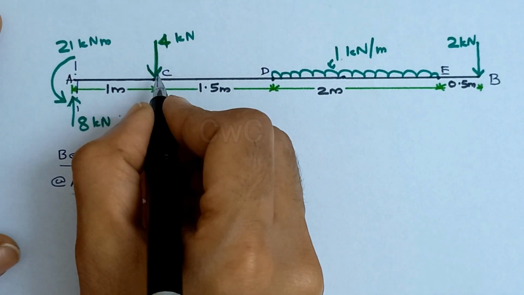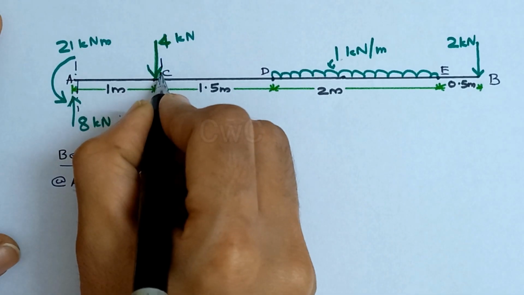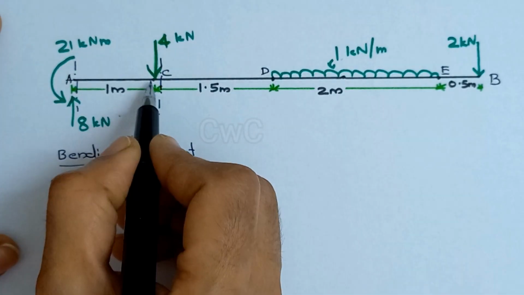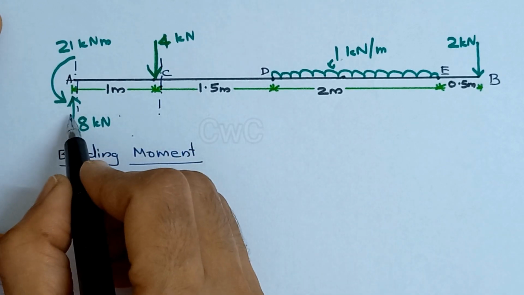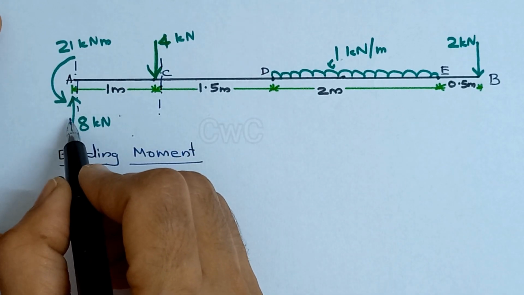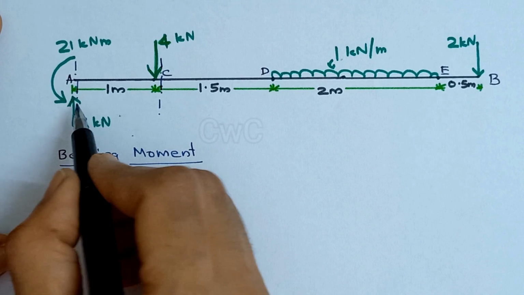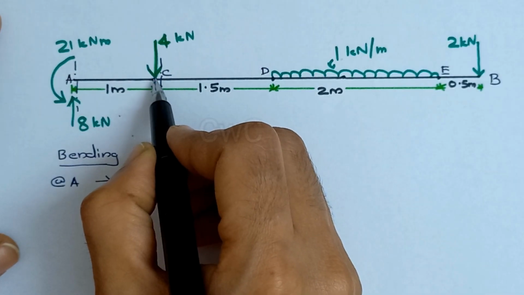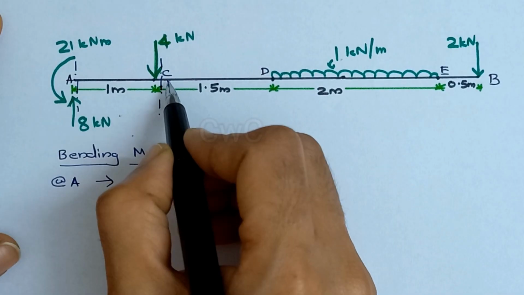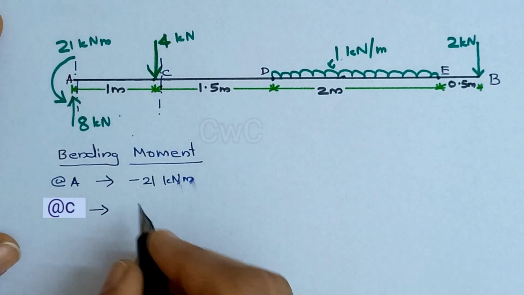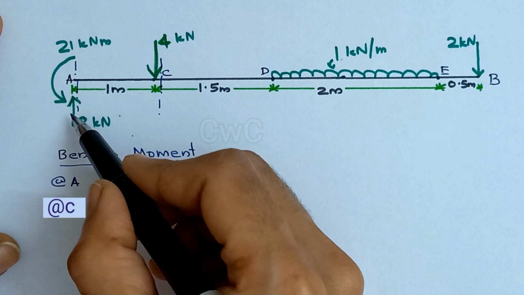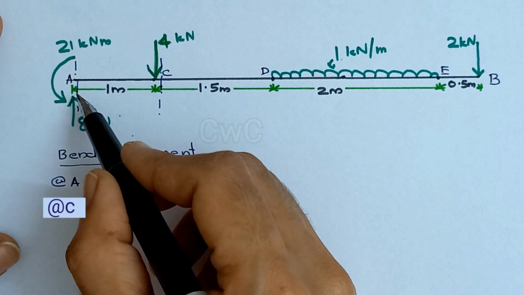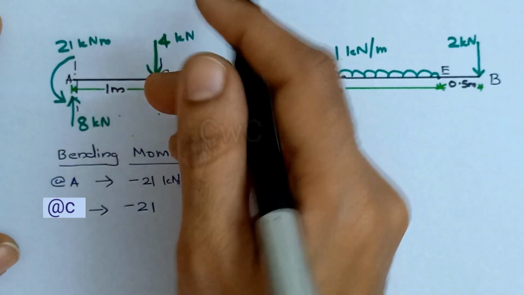Now let's move to C. Here at the left of the section we have to consider this reaction moment and the force of 8 kilonewton. And no need to consider this force since the distance will be 0. So we will have this minus 21, and this is an upward force at the left of the section which gives a sagging effect.